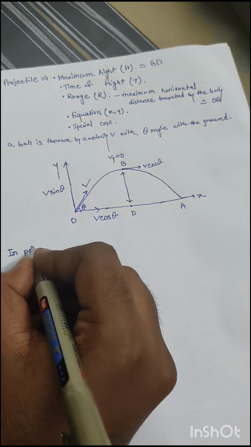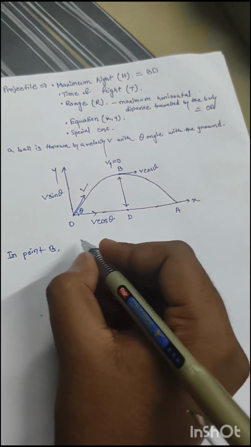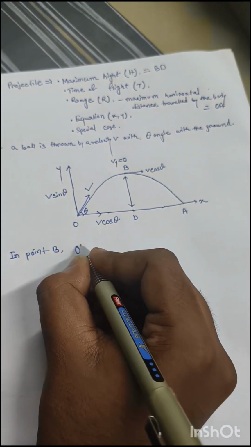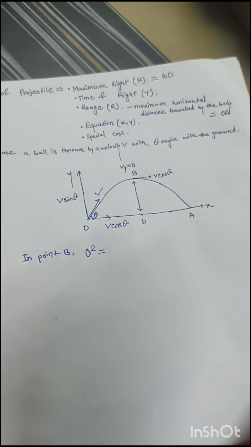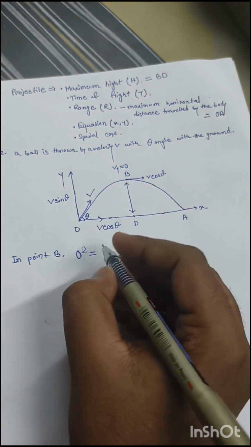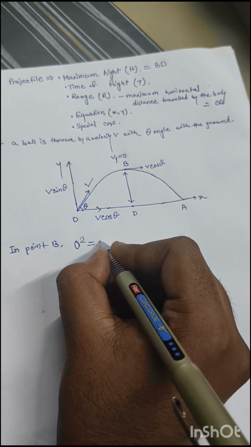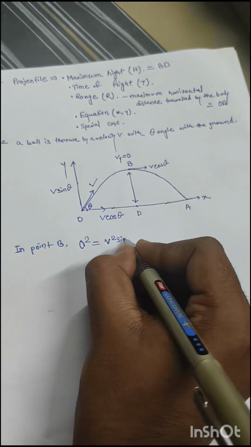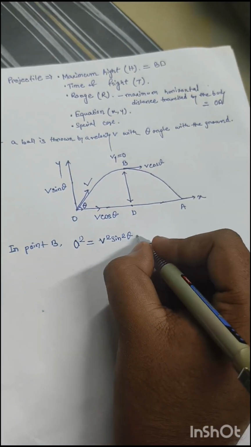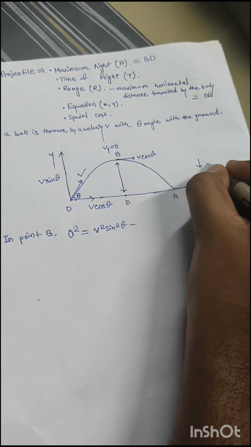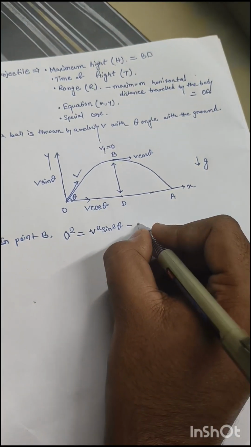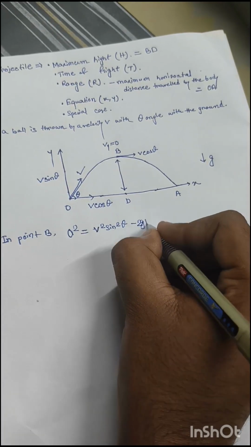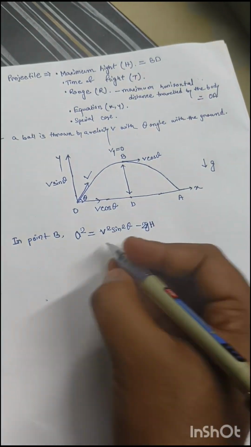At point P, 0 squared, as the final velocity is 0, equals initial velocity squared minus 2 g into h for the height.